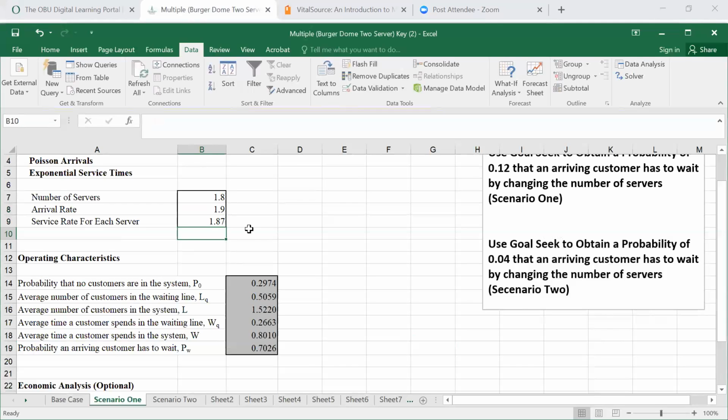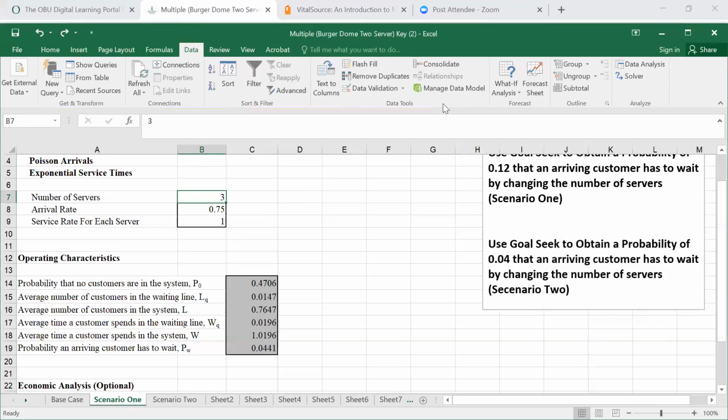Now I want you to notice something. Let me go back here. And we're going to put the number of servers. We'll do that, and we'll do it again.